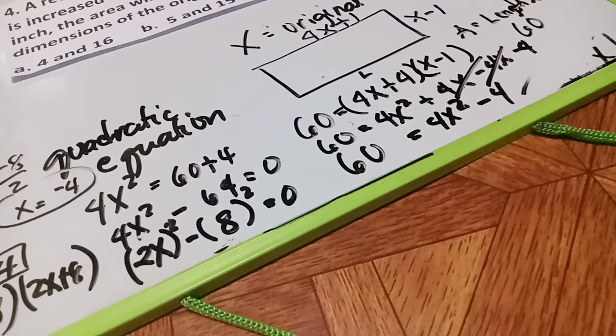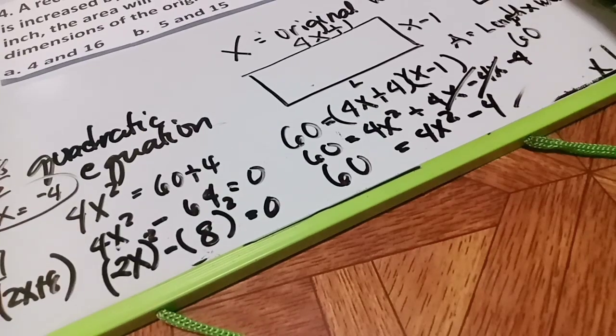And then the other one is 16, which is 4 times the width. 4 times 4 is 16. So the answer is 4 and 16.